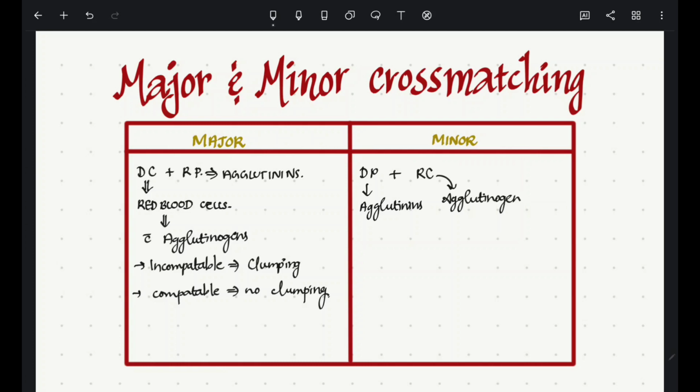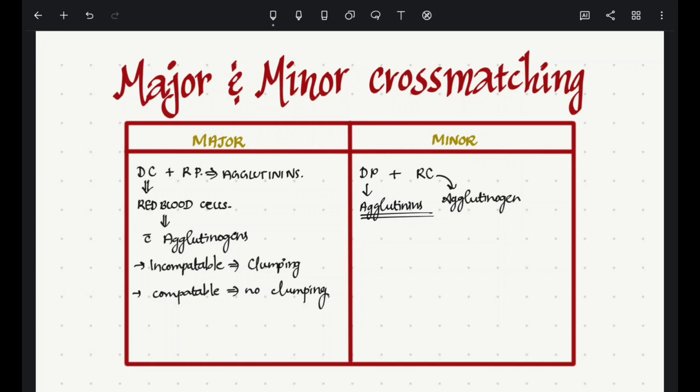Now, these agglutinins from the donor's plasma are not as reactive as the agglutinogens. So when this plasma is introduced into the recipient's bloodstream, it actually gets diluted in the higher volume of the recipient's plasma. So it wouldn't cause much of a clumping problem.